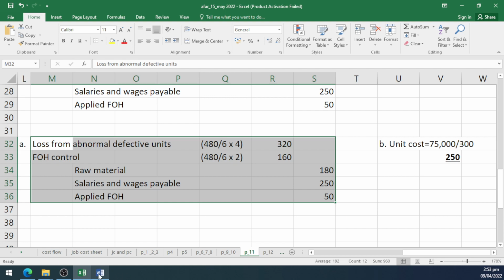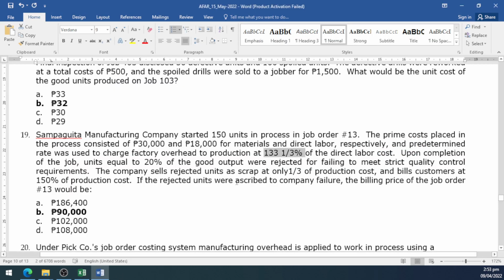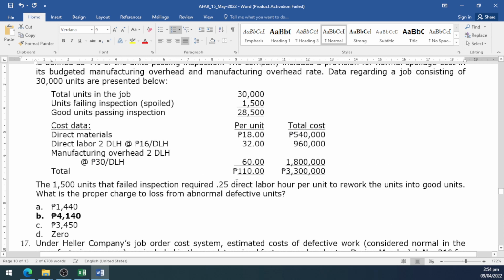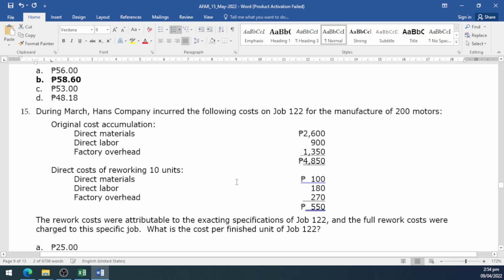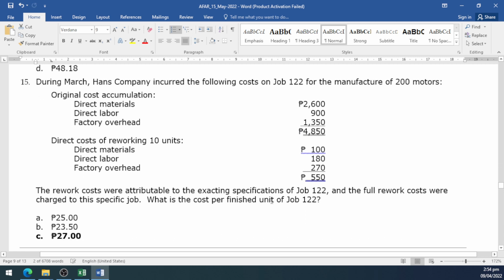Madali, di ba? I-apply natin yan, class, doon sa mga multiple choice. Look at this. In number 15, 200 motors, original cost 4,850. 10 units reworked at a total cost of 550. The rework costs were attributable to exacting specifications, so charged to a specific job. Ang original cost natin dyan, 4,850.